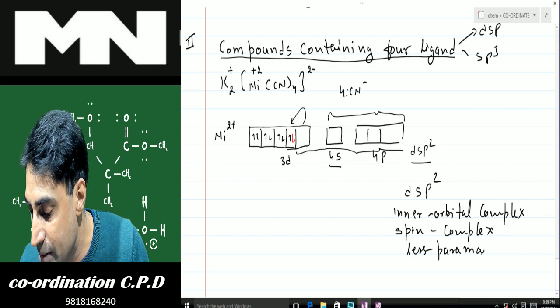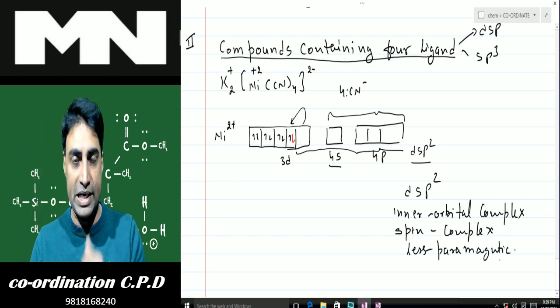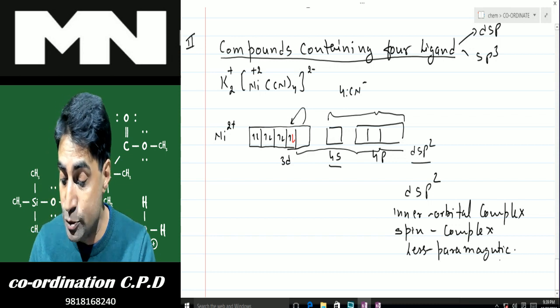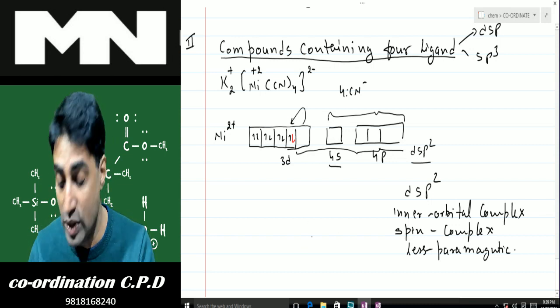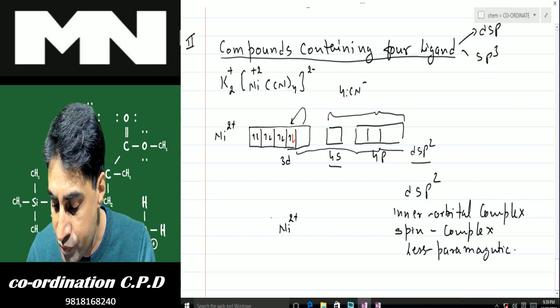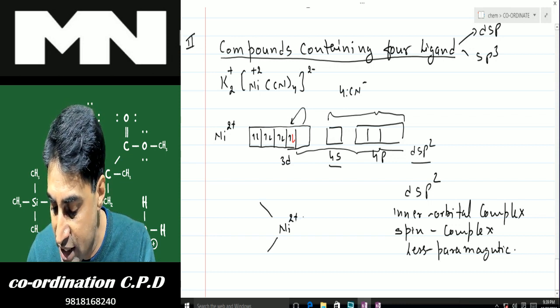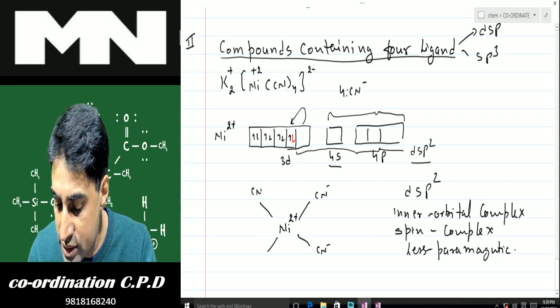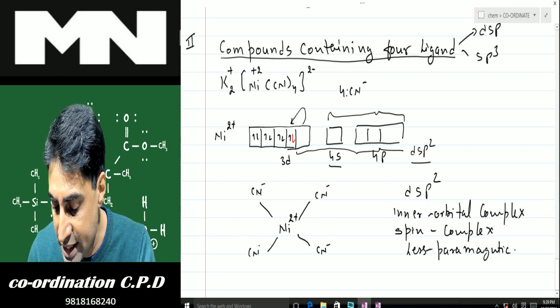If it is less paramagnetic, it can be either weakly paramagnetic or diamagnetic. In dsp2 hybridization, the symmetry is square planar. So here if you have got a Ni2+ ion connected to 4 cyanide ions like this, CN negative, CN negative, CN negative, CN negative, you have got a square planar structure.